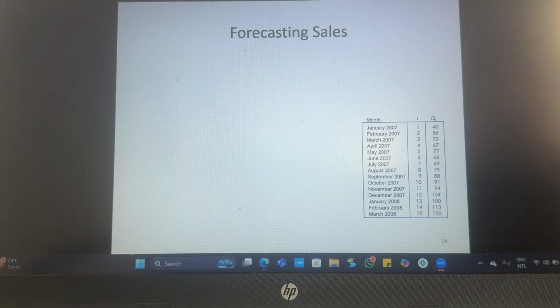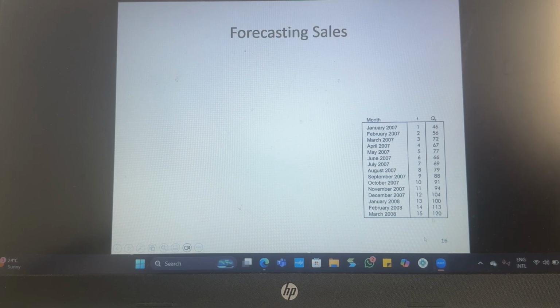Okay, here another data set is given, forecasting the sales from time period 1 to 15. Time period 1 is 2007 January and 12 is 2007 December, and number 13 here is next year January, 14 next year February, and so on.